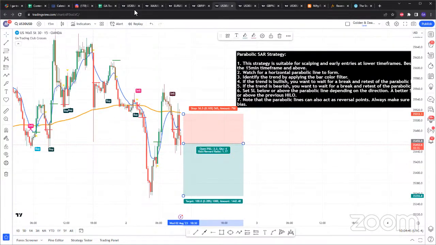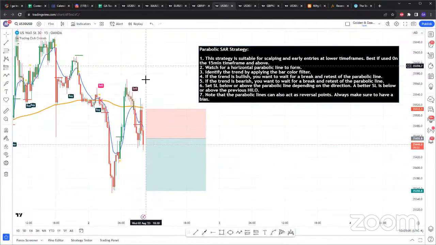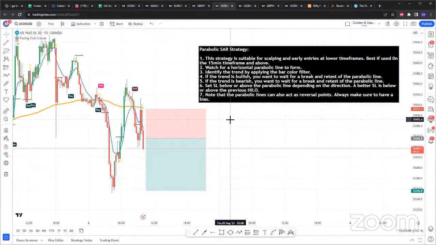Just to be sure that I understand well, it means that the entry is at the retest, as soon as it retests the red? Yes, I'll go over that because I haven't gone over it yet, but that's the idea. The entry is at the retest, and I'll go over the whole strategy shortly.